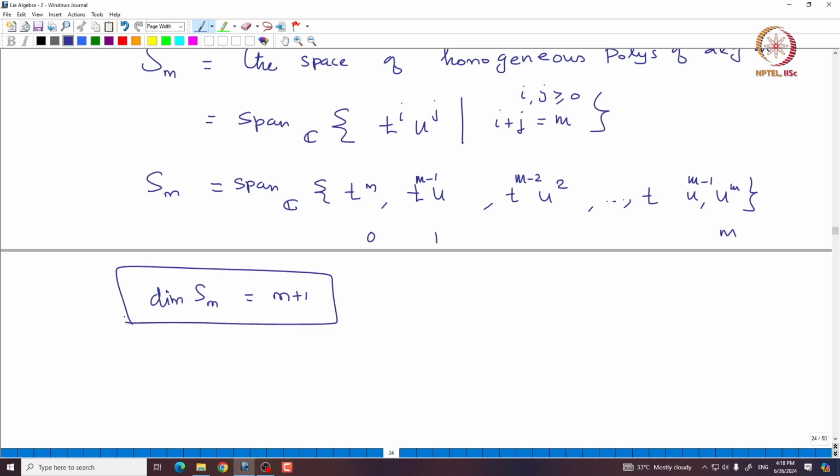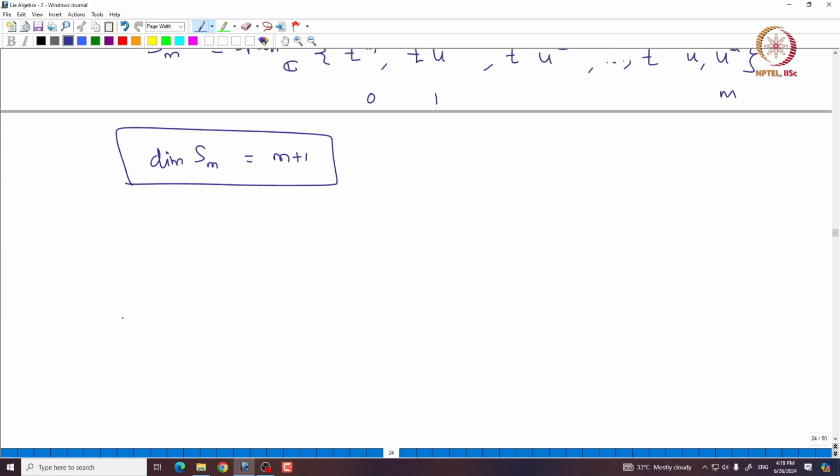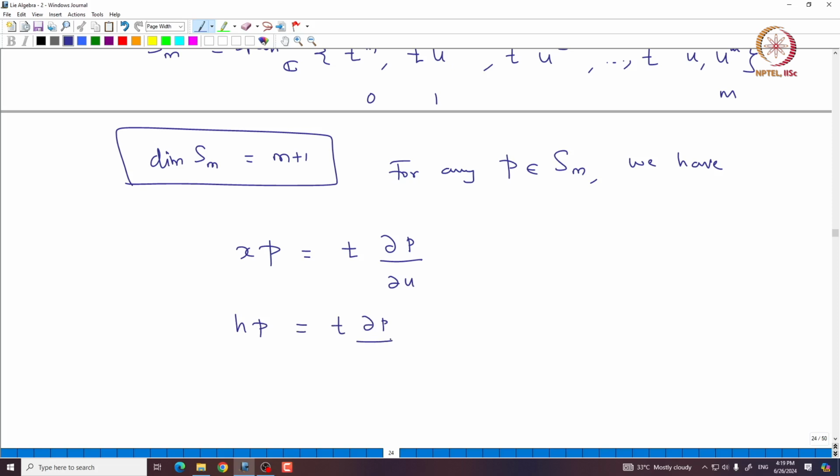Okay. So, now what is the action of SL2 on this Sm? I can write down the formula. For any p inside Sm, x acting on p is given by t times dou p divided by dou u, and h acts on p by t times dou p divided by dou t minus u times dou p divided by dou u.